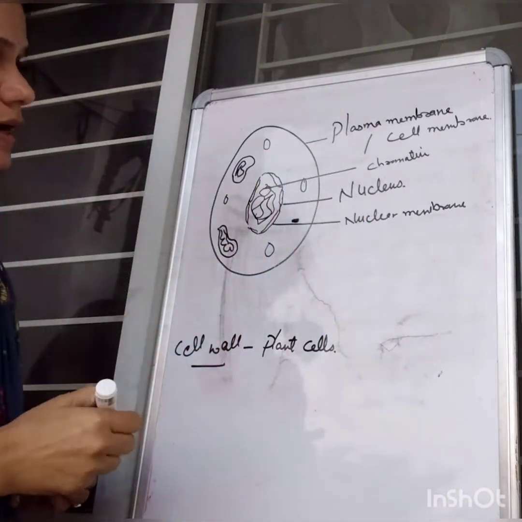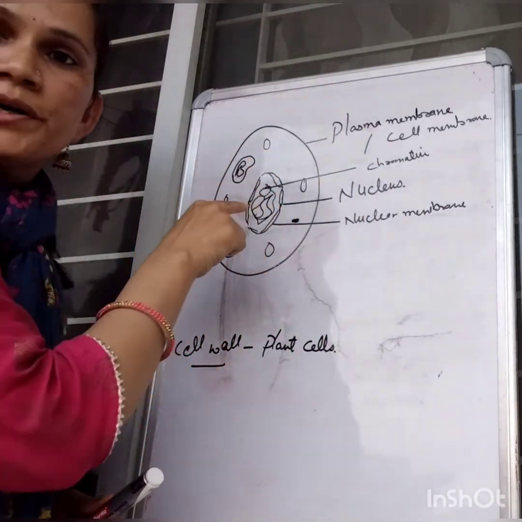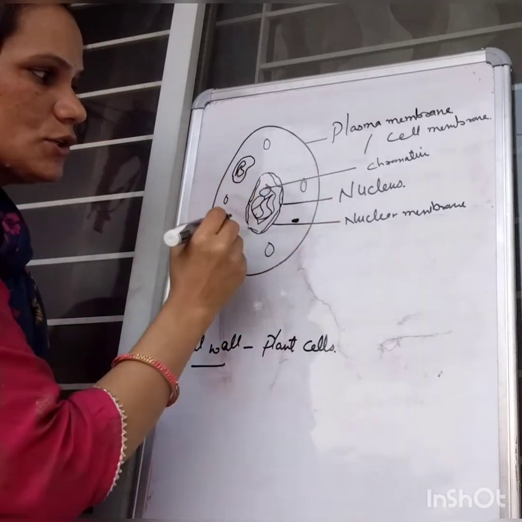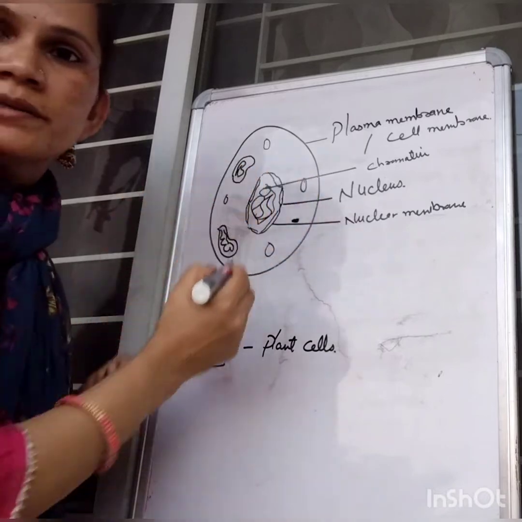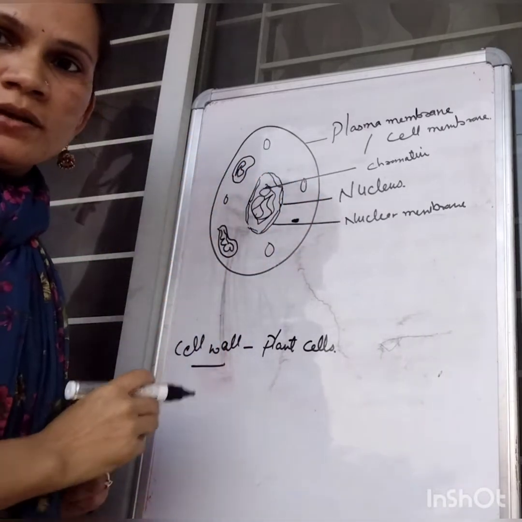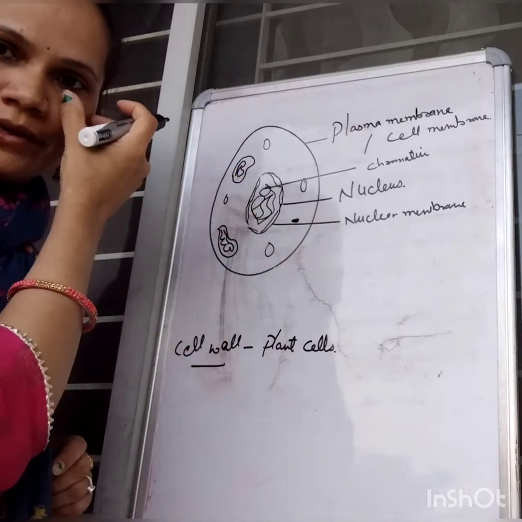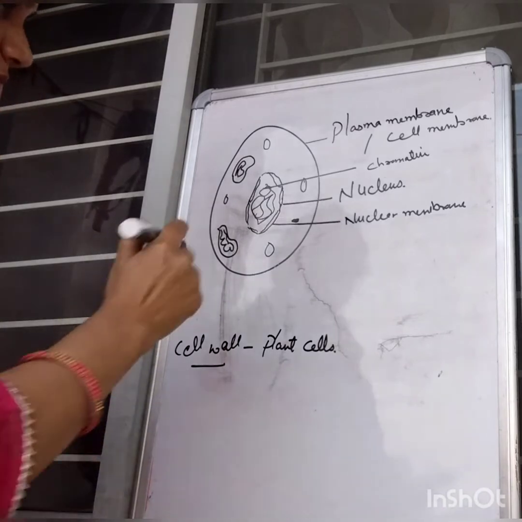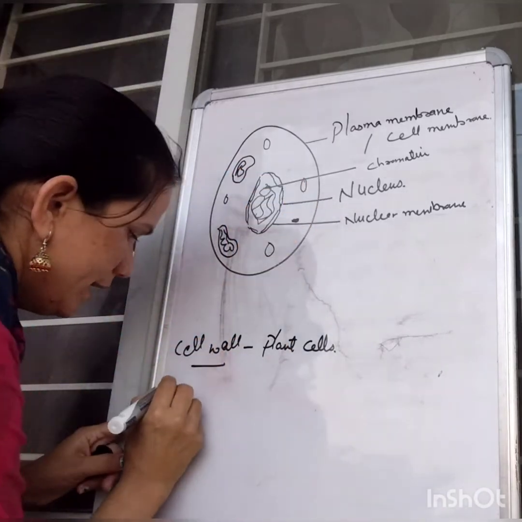The nucleus is a membrane-bound organelle which has small pores that allow the entry and exit of materials between the nucleus and the cytoplasm. The nucleus contains chromatin. This chromatin looks like thread-like structures when the cell is undivided.